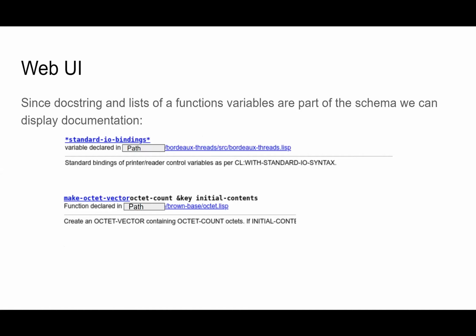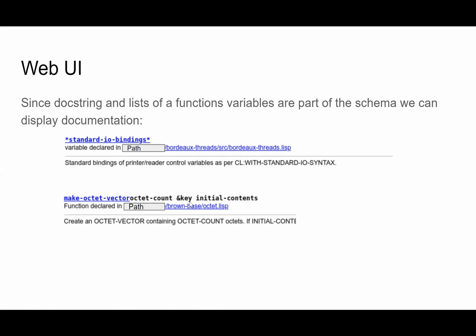Well, since I can add nodes for doc strings and I can add edges for documents, I can actually click on, say, standard IO bindings, the global in Bordeaux threads, and it will give me the documentation. We see here's our doc string, standard bindings of printer. We see the path, and we see what the variable actually looks like.